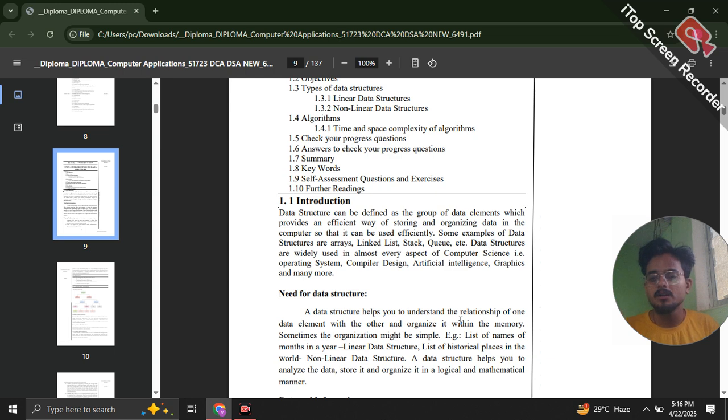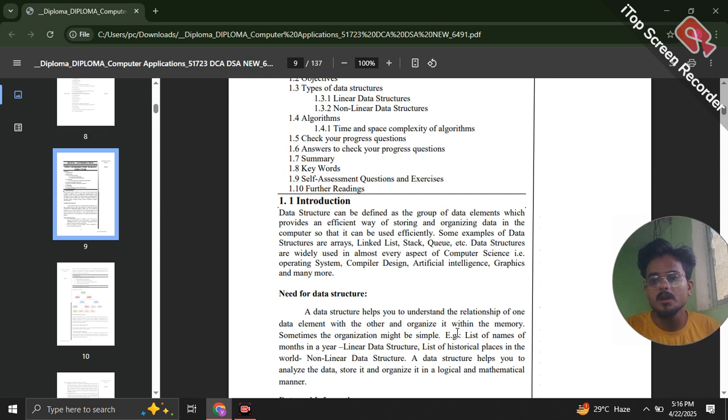For example, you see recently happened Pahalgam, where it happened in Kashmir. We are sad about that incident, and a list of historical places in the world.